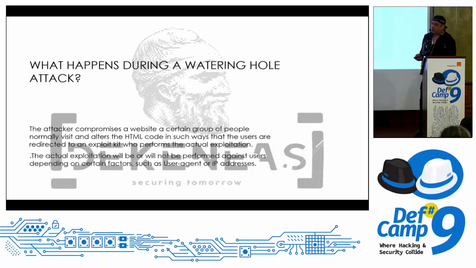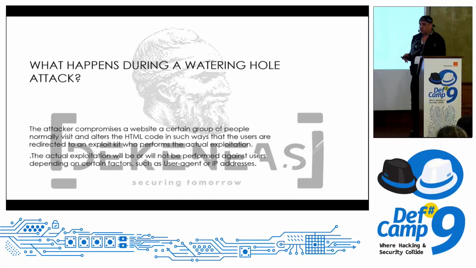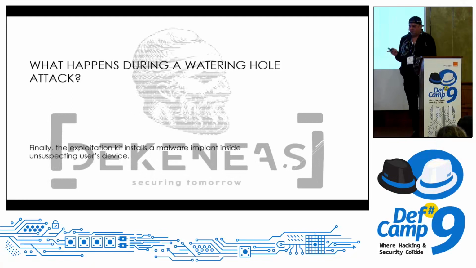Basically, the attacker compromises a website that a certain group of people normally visits and alters the HTML code in such a way that the users are redirected to an exploit kit which performs the actual exploitation. The exploitation will or will not be performed against users depending on certain factors such as the user agent or originating IP address.